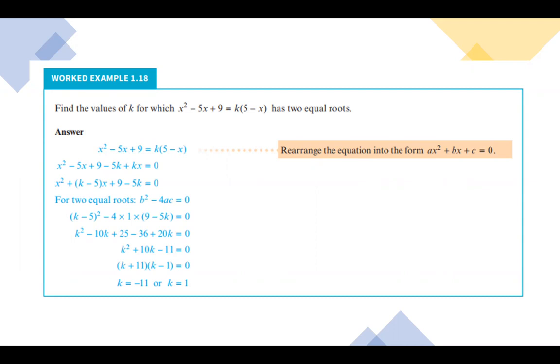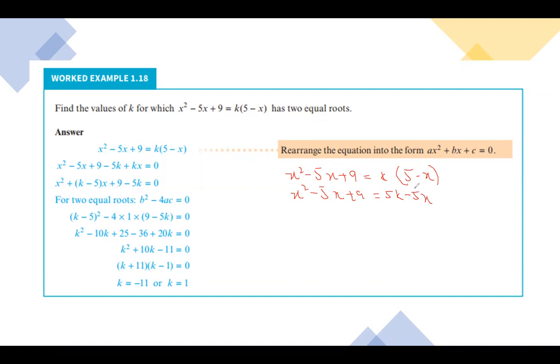So first, to make an equation, x square minus 5x plus 9 equals k into 5 minus x, so x square minus 5x plus 9 equals 5k minus kx.